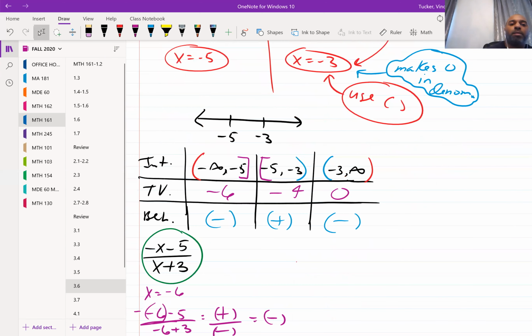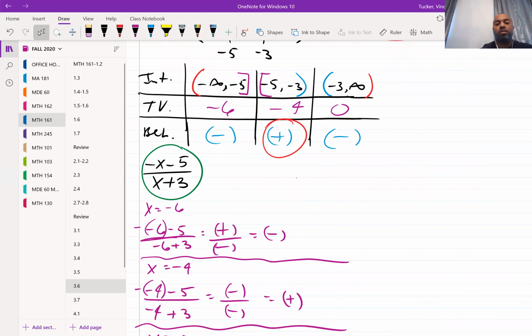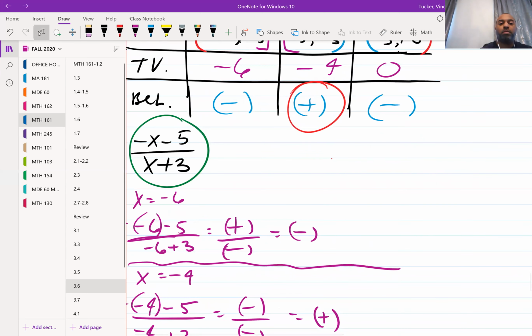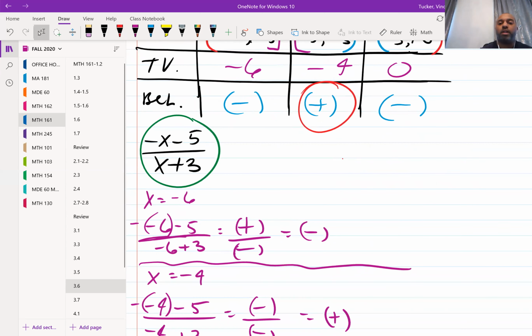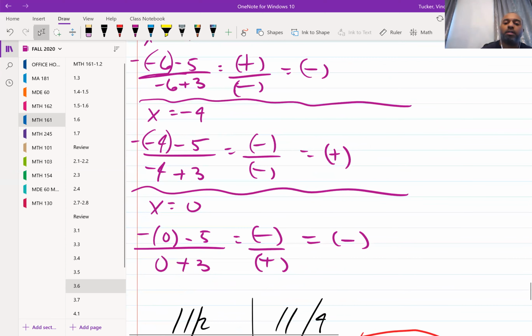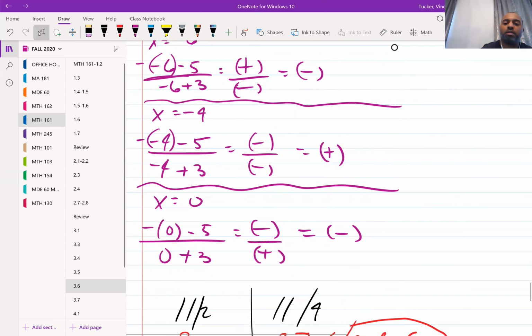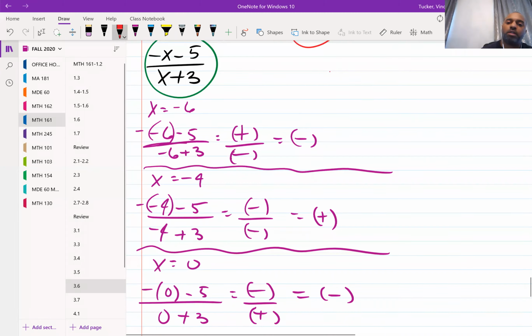And so this is the spot where it's positive. So our answer is -5 to -3. And I guess I'll put that right here.